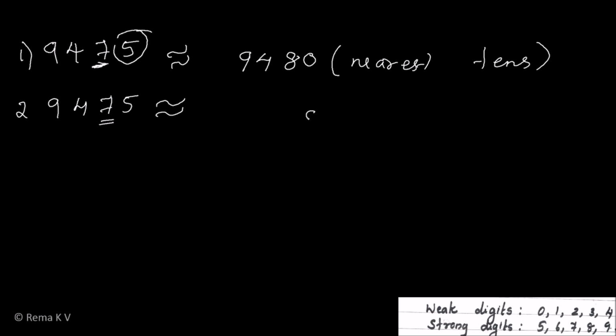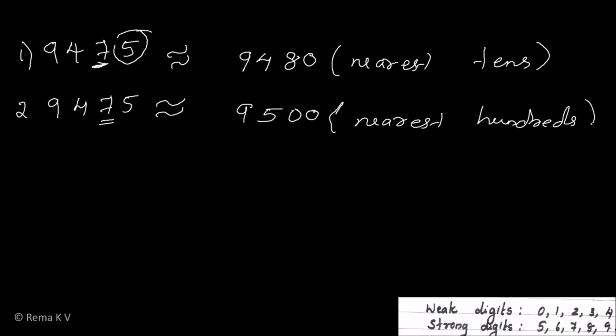In this one, ones place 0, tens place 0. And now the digit in the tens place is 7, which is a strong number. So add 1 to this, it becomes 9,500. Right? This 4 plus 1 gives 5 and 9 as it is. So this is rounded off to the nearest hundreds.